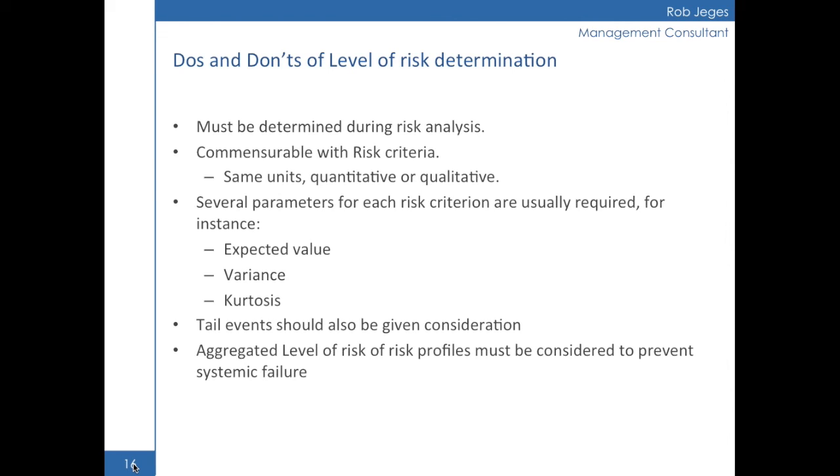The last point is the aggregation of various risks in risk profiles. If we recall from ISO 31000, a risk profile is a collection of risks. The rationale for making a group can vary, but it is very useful when you're aggregating levels of risk, and when you have a collection of similar or related risks, you can aggregate within.